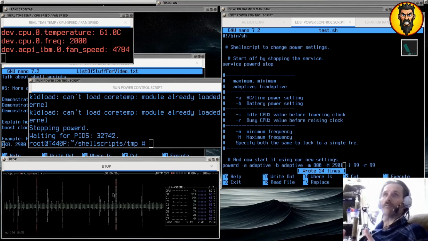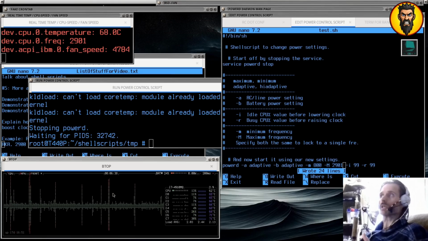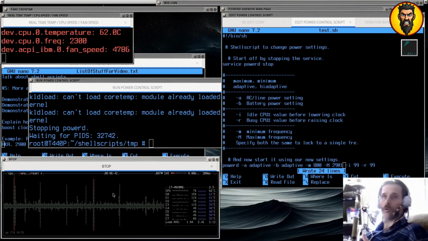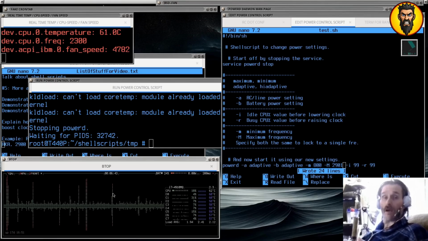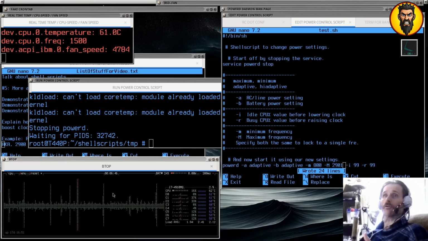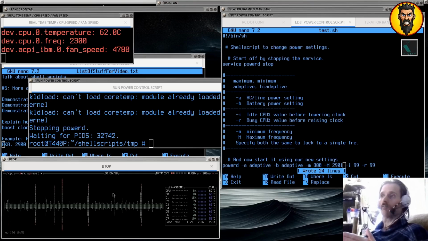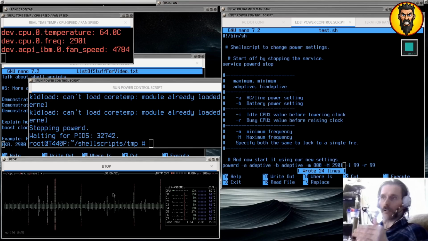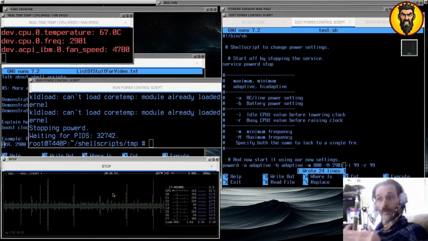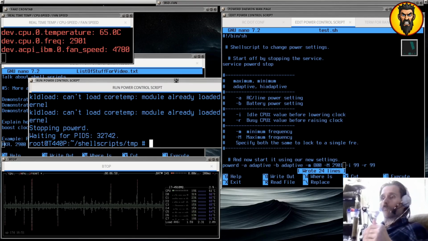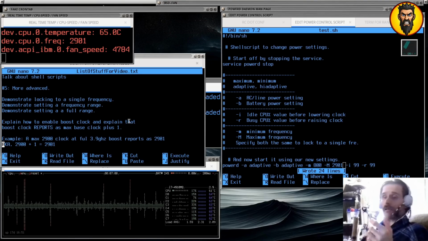You may not have instructions running, so it's not going to be drawing its full load, but when they are doing instructions, they're doing it as fast as they possibly can, which is almost always far less efficient than running the clock a little bit slower or a lot slower and doing those same instructions. So PowerD can be useful, or any power service for that matter.